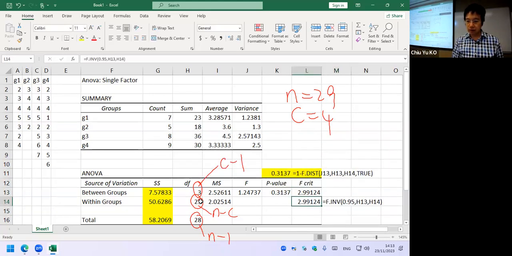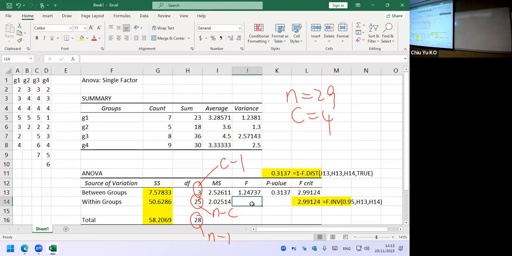So that is how I get these two, and this is exactly what I get here. Remember the idea of the F-test is to compare the variance between groups and within groups, because they're both capturing sigma squared if they have the same mean.